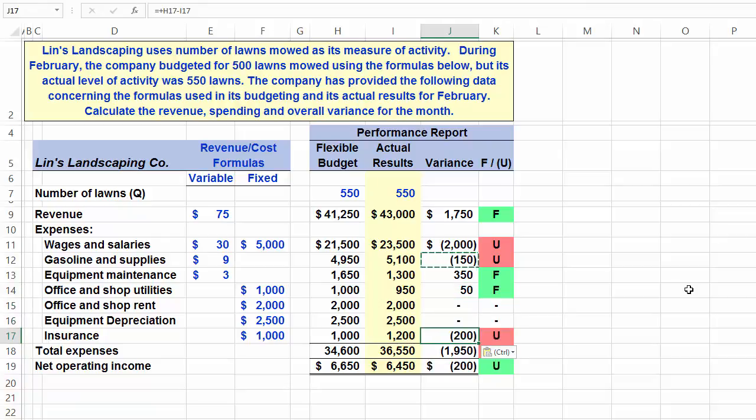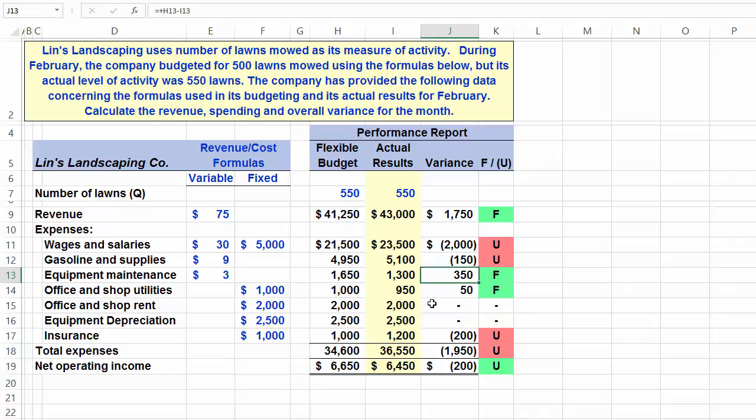Now, what's interesting here, we have favorable equipment maintenance variance of $350, and I suppose that could arise because we didn't have the time to actually maintain our equipment. Later in the year, we might find that we are unfavorable with an offsetting variance.